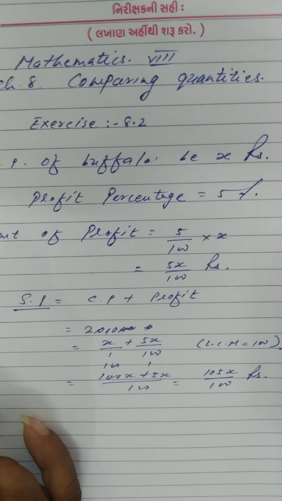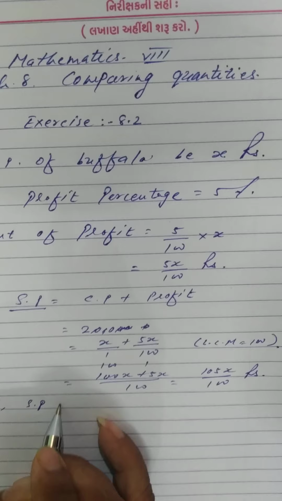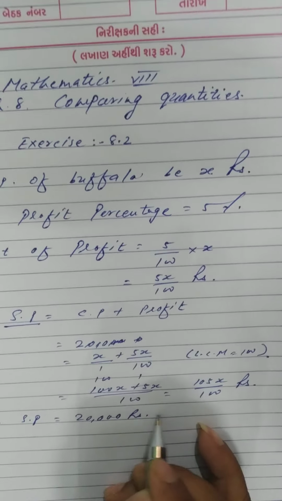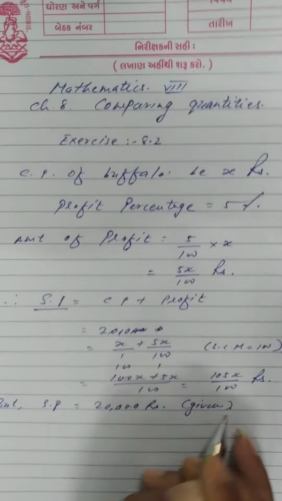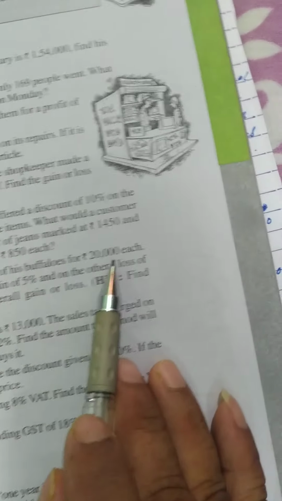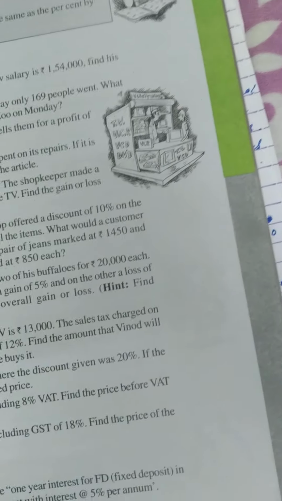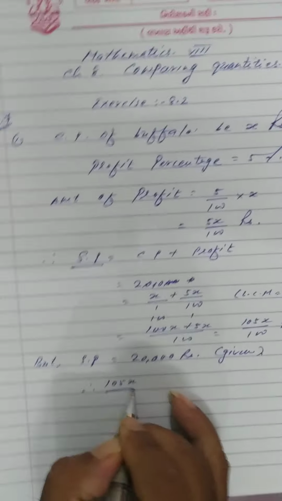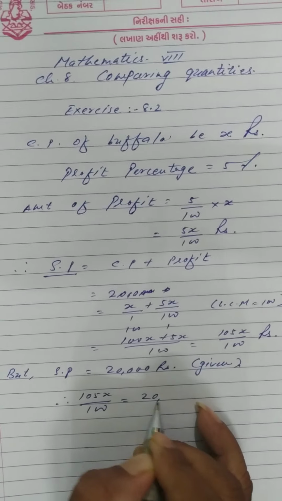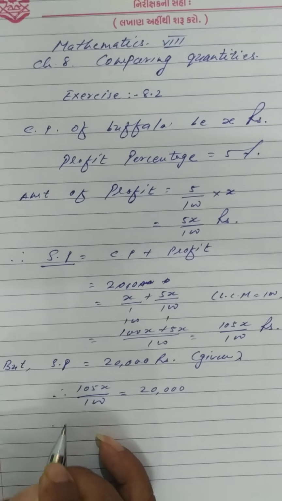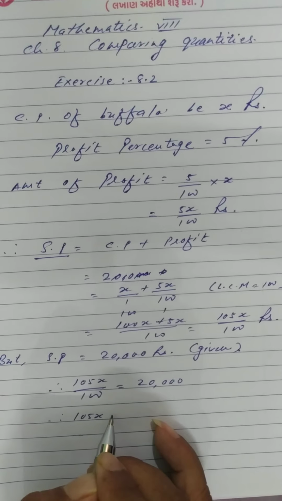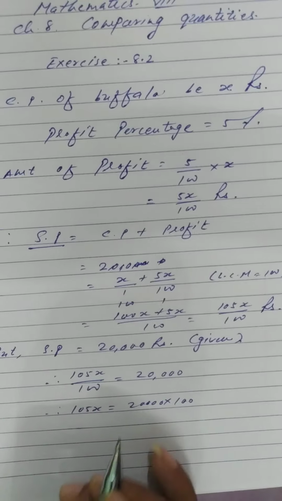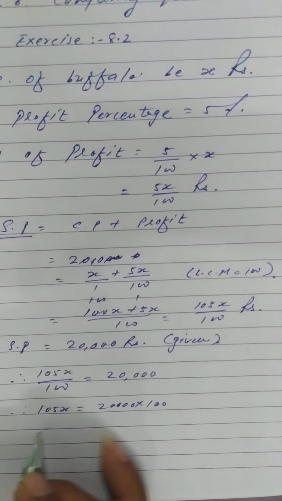But here the selling price is given. Selling price is equal to 20,000 rupees, which is already given over here, right? Selling price of each buffalo is 20,000 rupees. Therefore we can say 105x upon 100 is equal to 20,000. Therefore 105x is equal to 20,000 multiply 100, right?